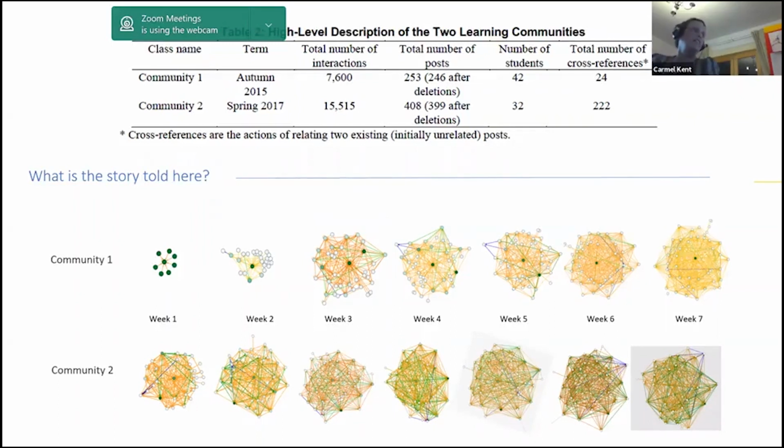And probably the third thing that is very obvious from this visualization is that the upper row, the networks of Community 1, is much more orange than Community 2. So their interaction is very quiet. They view much more than they speak or contribute in relation to Community 2. So that's the kind of story that we can see here.